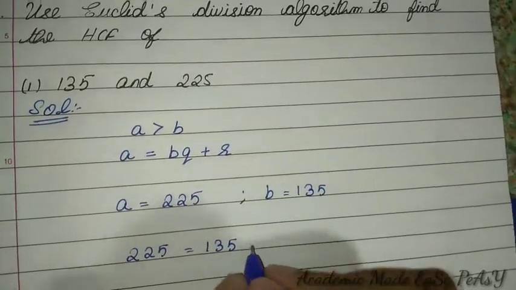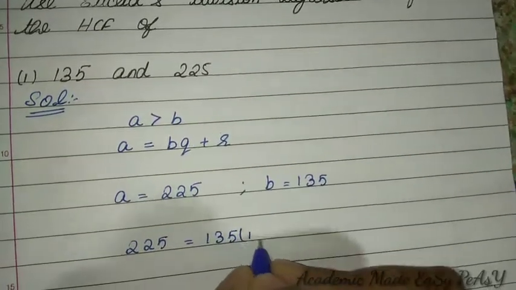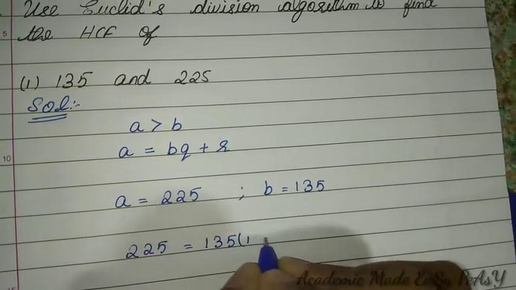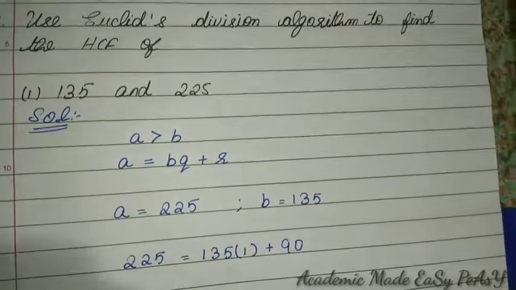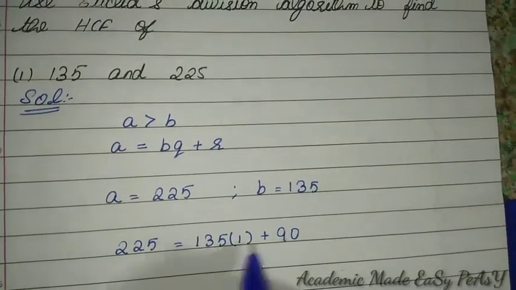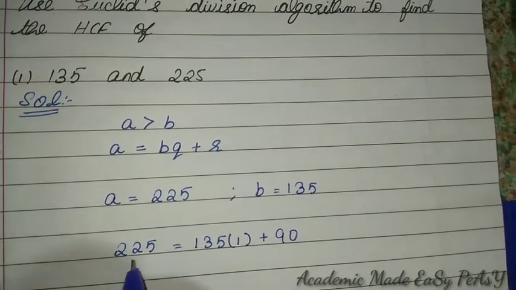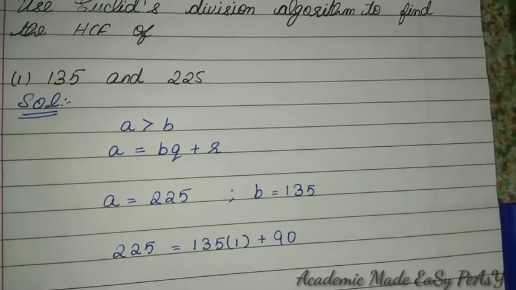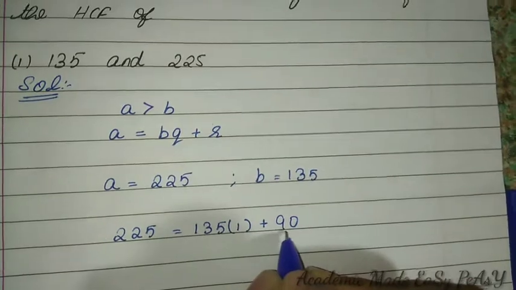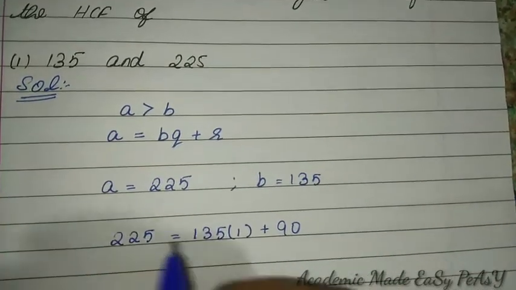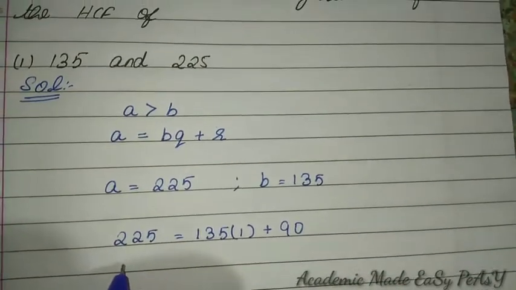I won't get it, isn't it? So I will have 135 into 1 plus 90. So 135 plus 90 gives me 225. Okay, so now since I didn't get my remainder as 0, I have to proceed with the next step.